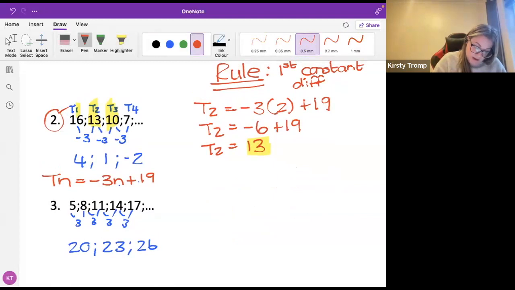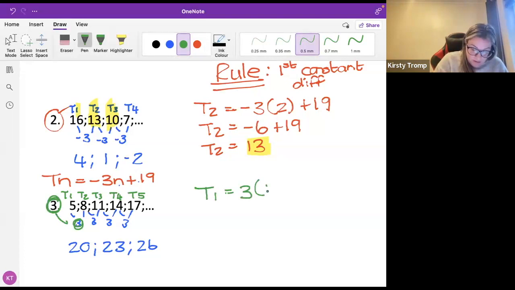So in the next one, this is term 1, this is term 2, this is term 3, this is term 4, this is term 5. What do I know about the difference here each time? I know that the difference was equal to 3 for number 3. So to find T1, I know that the difference was 3.